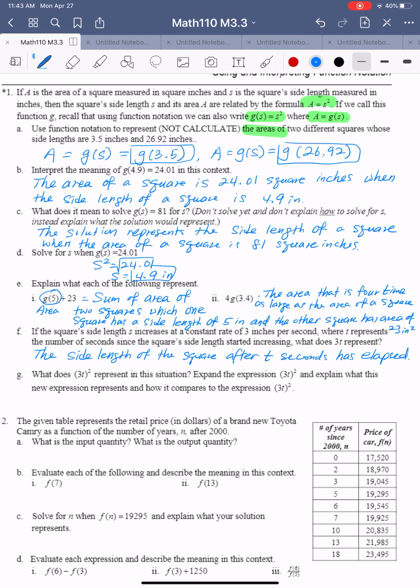So this time, the area when the side length has begun growing for t seconds.